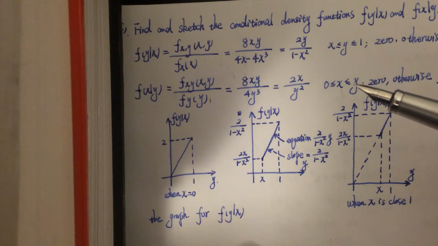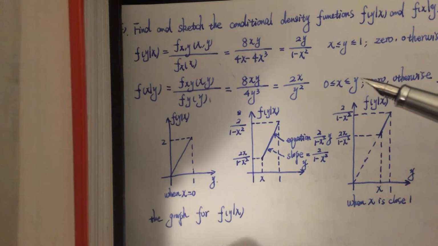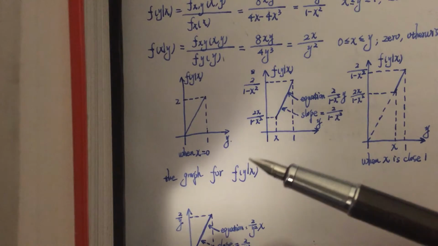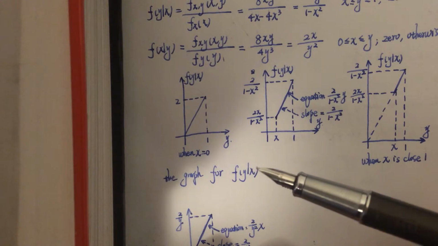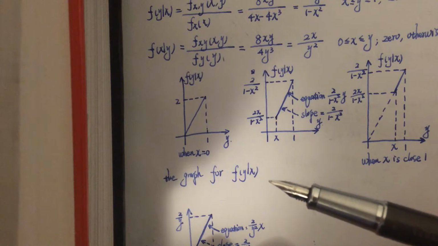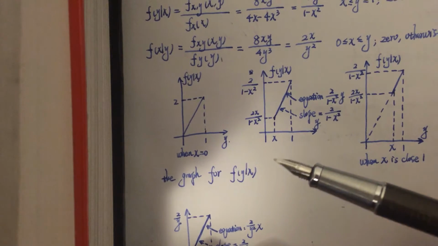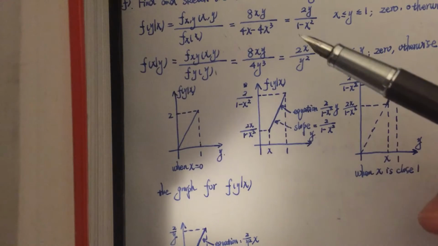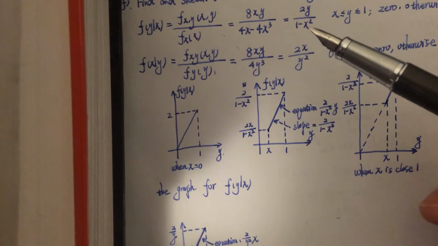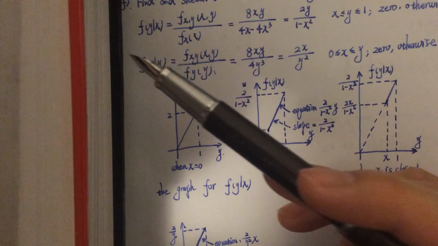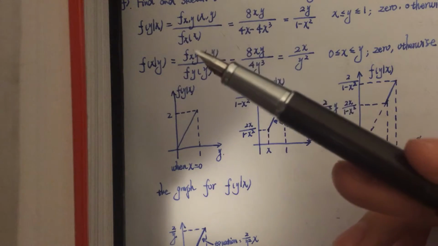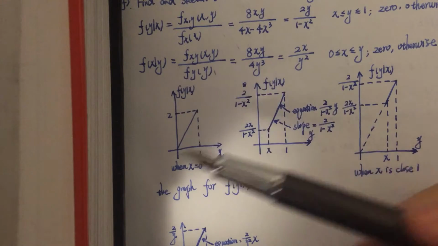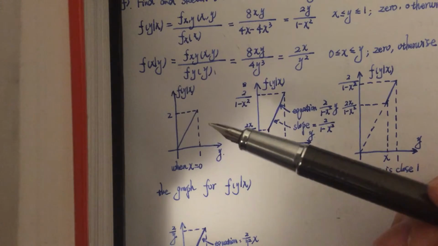And x should be larger than 0 and smaller than y. Now let's sketch the graph for fY conditioned by x. When x equals 0, fY given x is just 2y, so it's just like this graph.